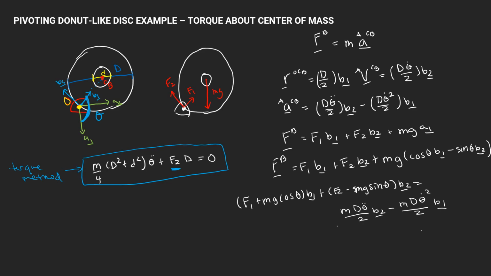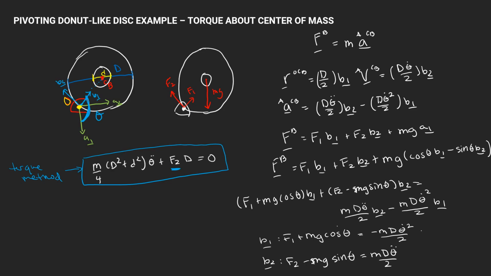So if you equate the B1 and the B2 terms, you get that B1: F1 plus mg cosine theta is equal to negative m d theta dot squared over 2. And you get that B2: F2 minus mg sine theta is equal to m d theta double dot over 2.